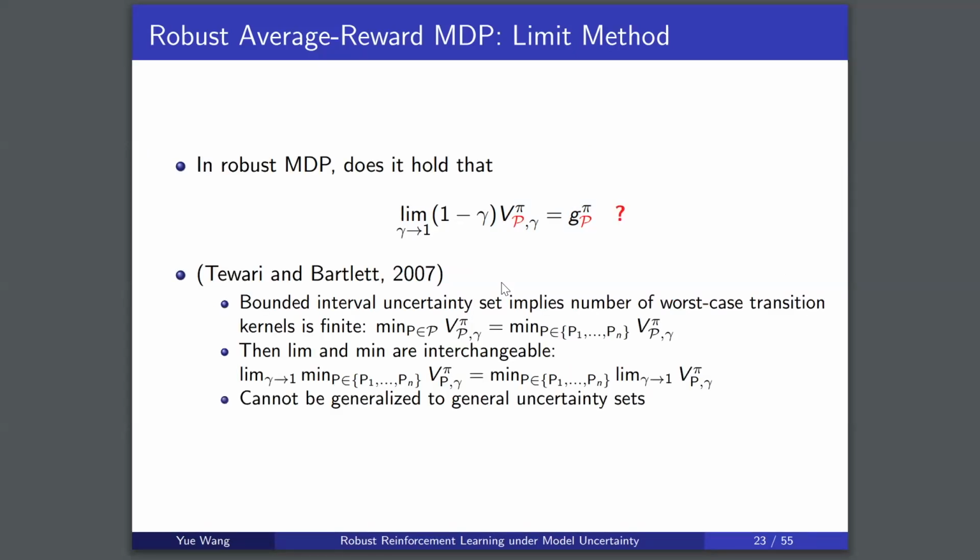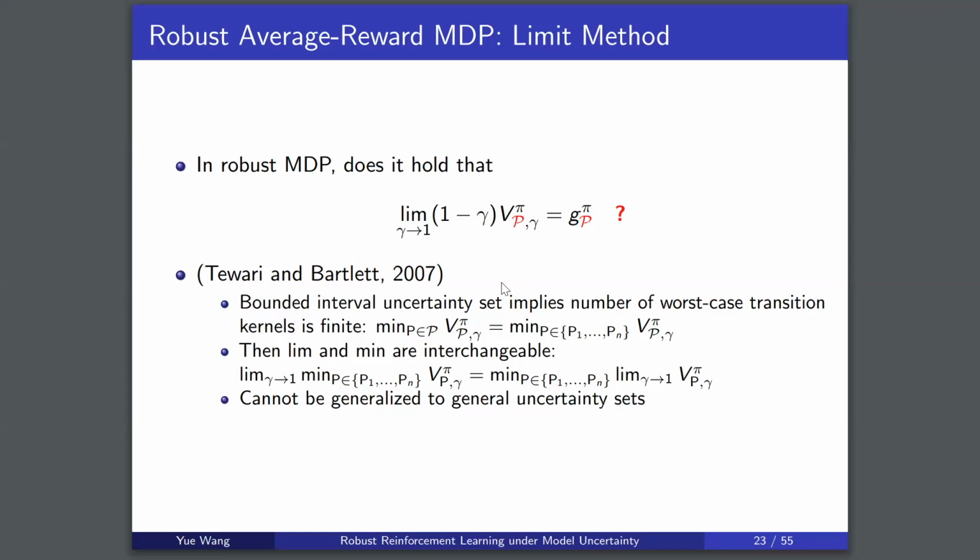The previous work studied this problem under a so-called bounded interval uncertainty set. Under this bounded interval uncertainty set, the number of the possible worst case transition kernels is actually finite. So if you want to find the minimum of this function, you only need to consider a finite number of transition kernels. In this case, this minimum is very easy to compute.